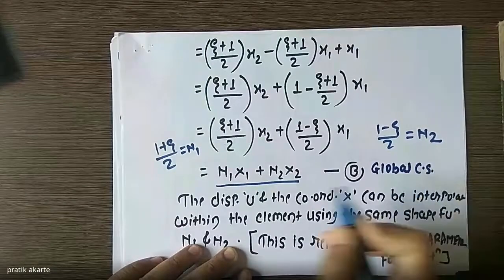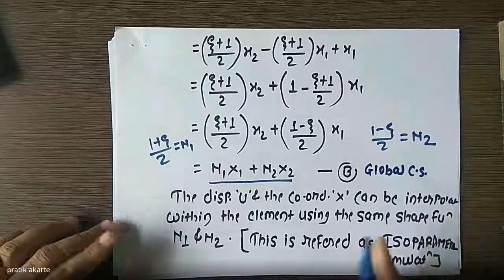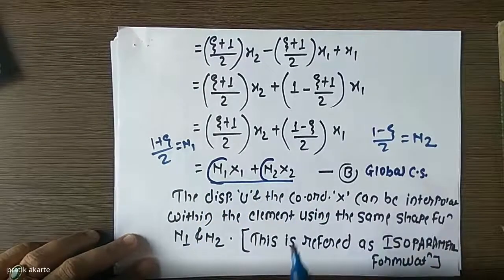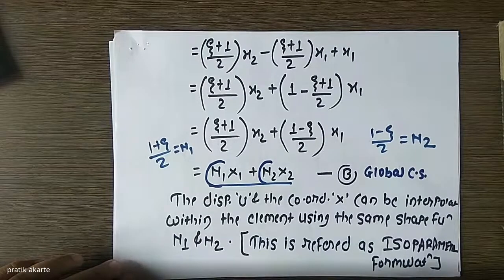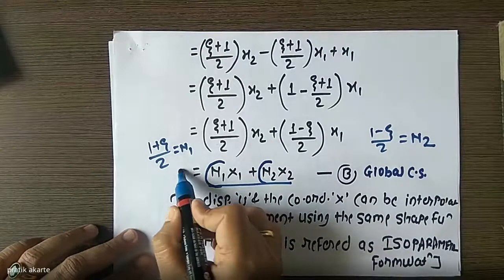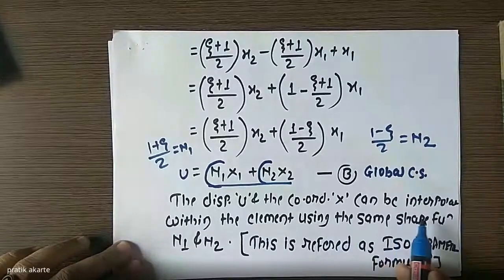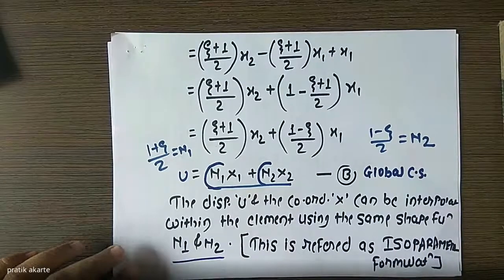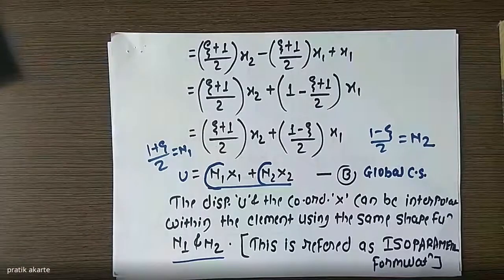So with the help of the same shape functions N1 and N2, we can interpolate the displacement u in terms of coordinate x within the element. So this is referred to as the isoparametric formulation.